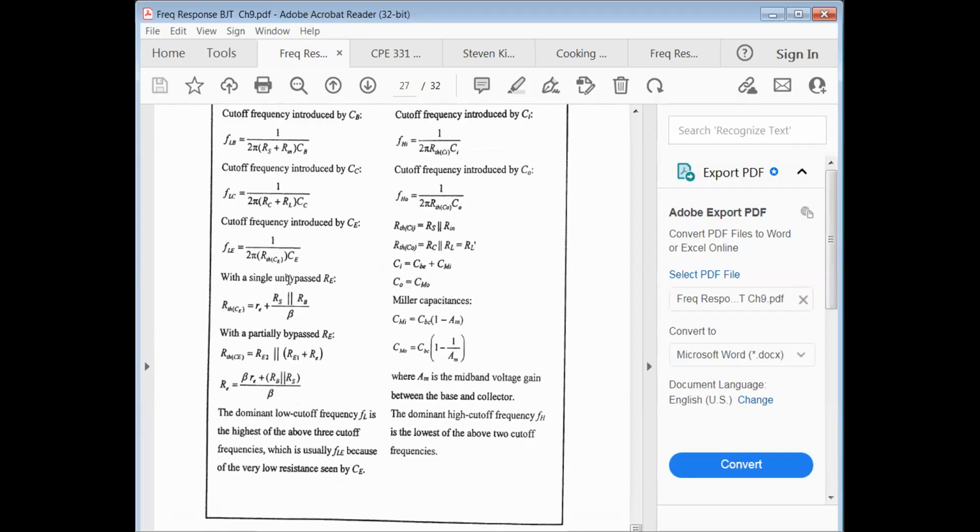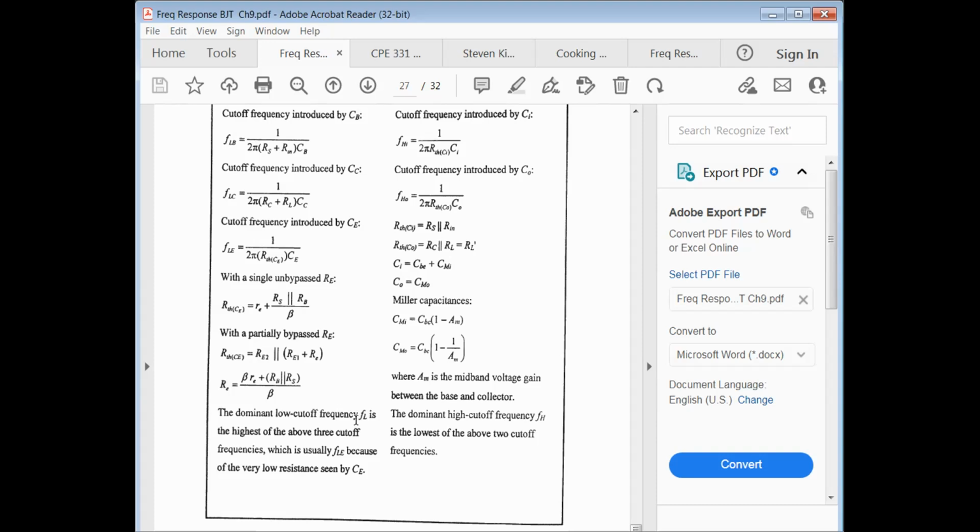And so it says with a single unbypassed RE, we have this for R Thevenin for R Thevenin CE, this guy here. If it's only partially bypassed, which means some of that little RE is split into RE1 and RE2, then R Thevenin now is RE in parallel with RE1 plus R little e, where R little e, this guy here, is given by this equation.